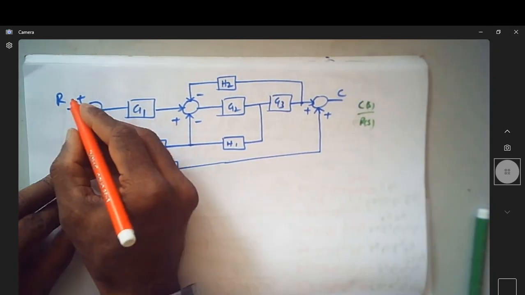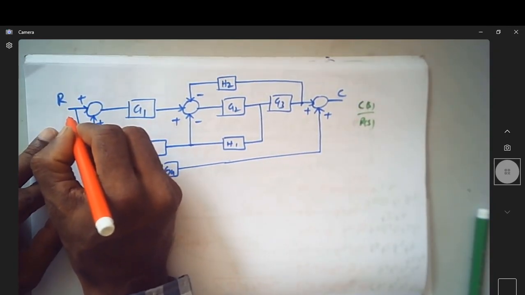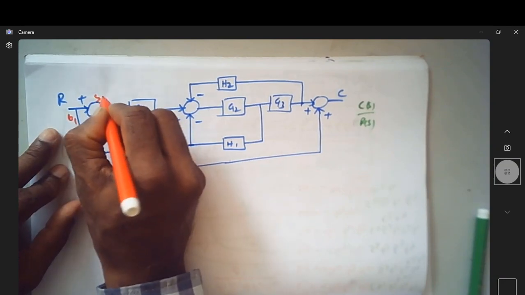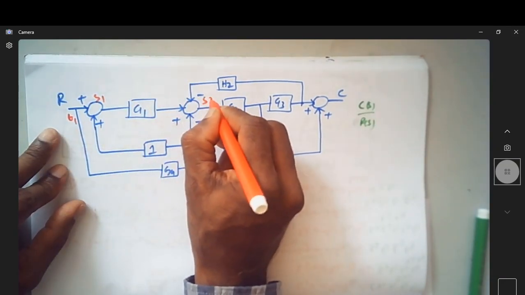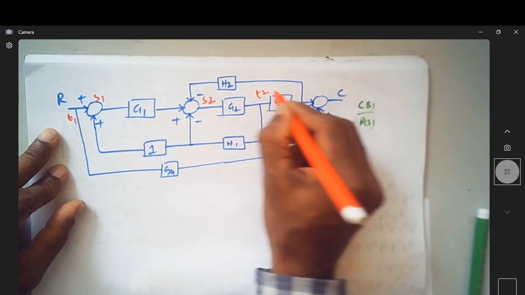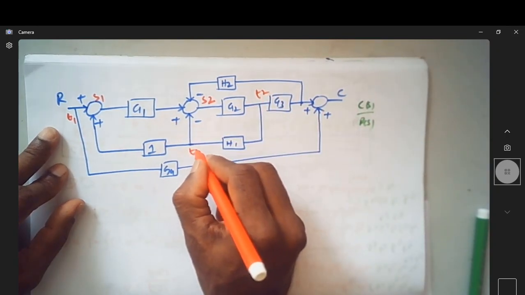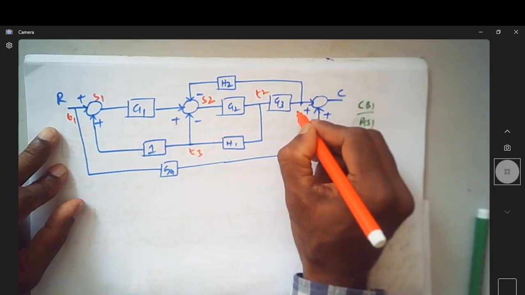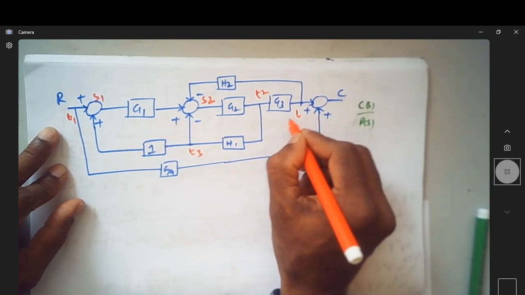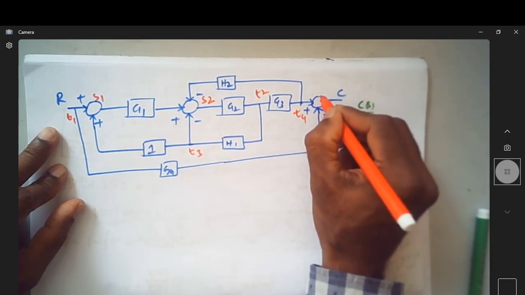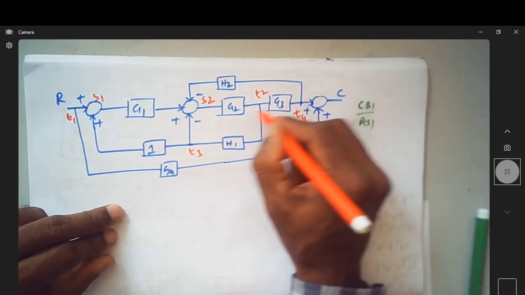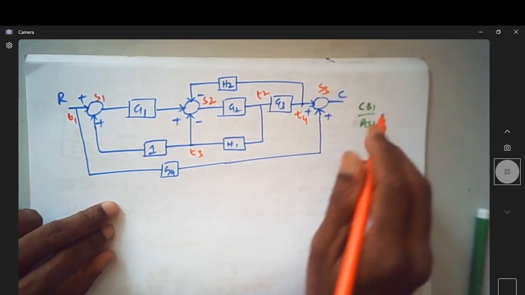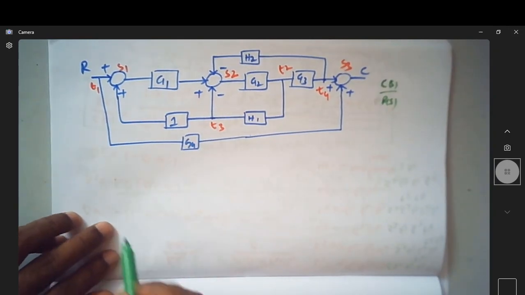So let me identify all takeaway and summing points. So this is T1, S1, this is S2, this is T2. Name this as T3, name this as, okay, let me name it as T4. The order doesn't matter. This is S3. So let me start.